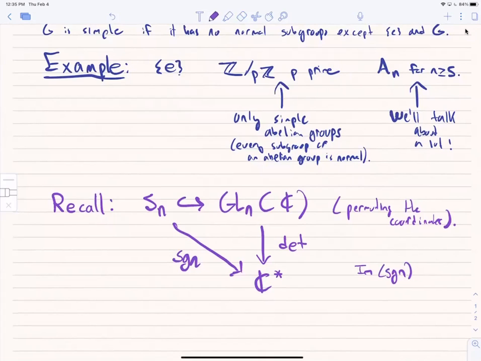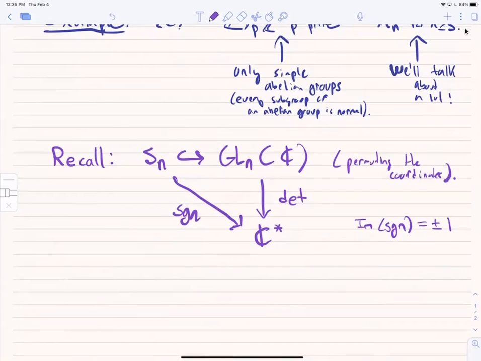I can explain that in a second. And then the alternating group is the kernel of sign. Okay, so this is one way you can define the alternating group.